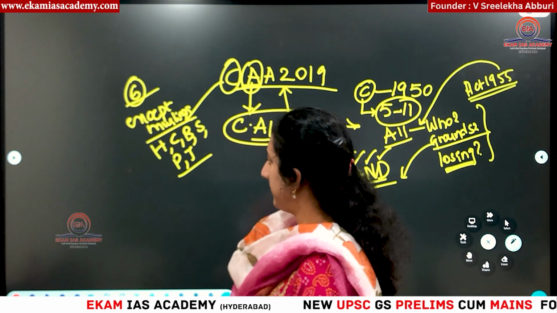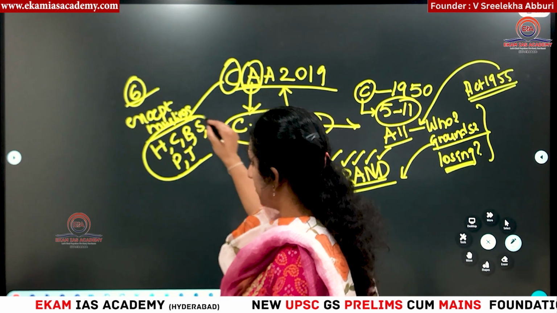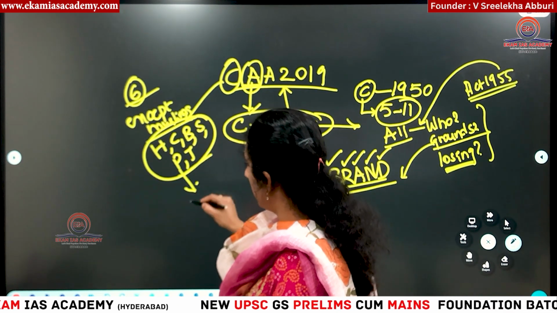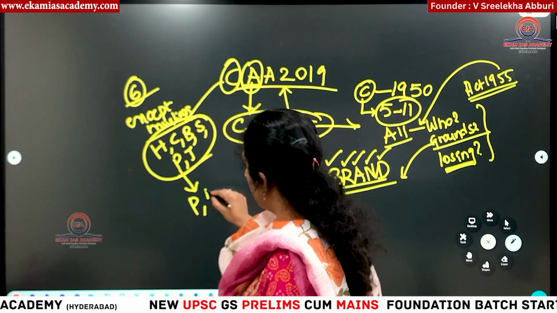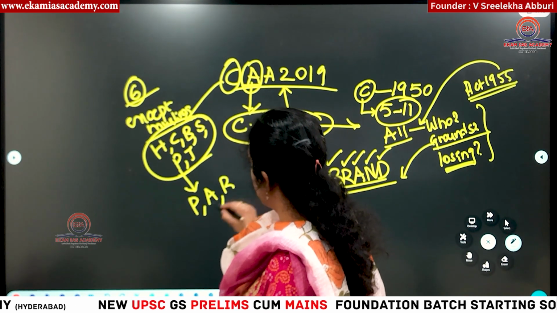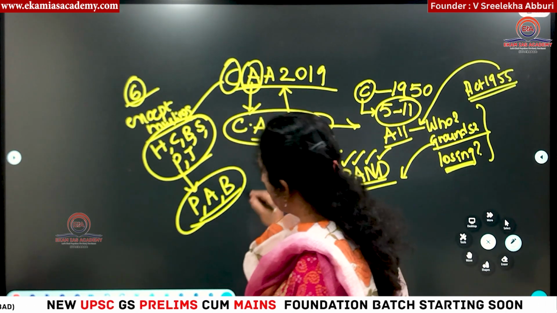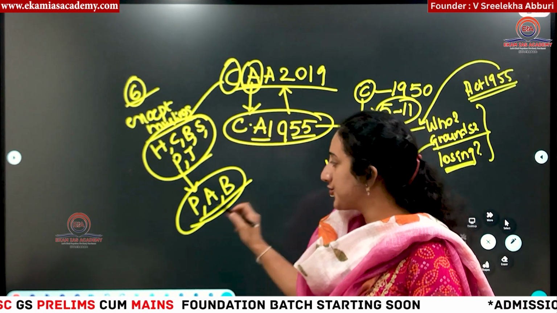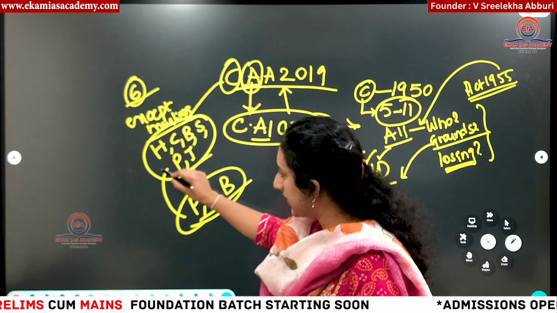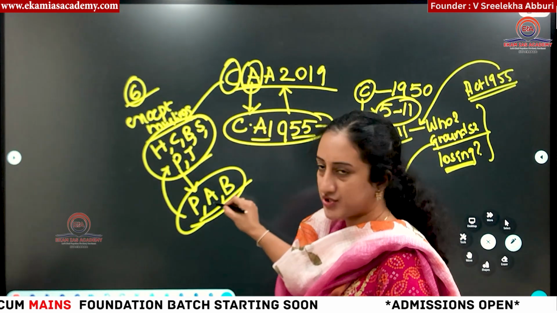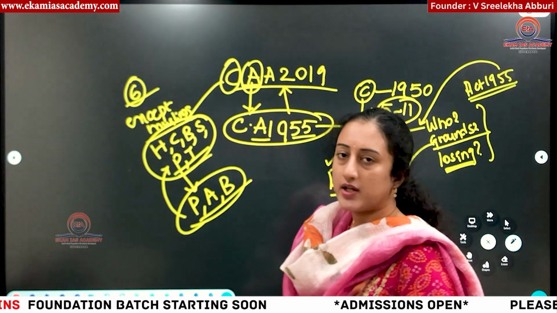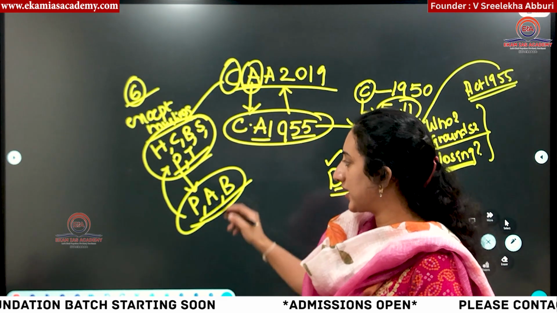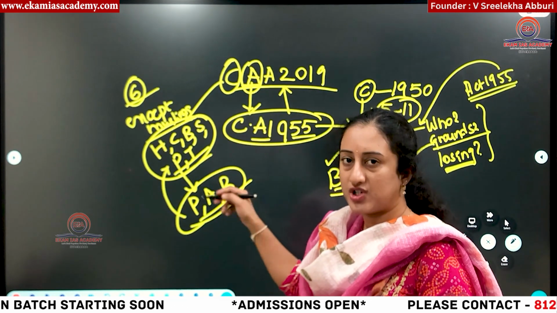These 6 communities are given citizenship if they are coming from Pakistan, Afghanistan and Bangladesh. These 3 countries are Muslim dominated countries, so these people will be minorities there, and there can be a chance of minority persecution in these countries.